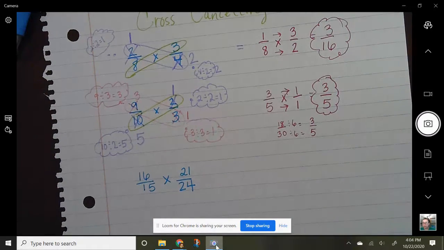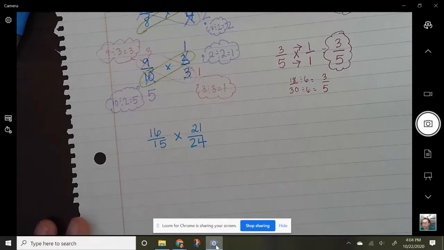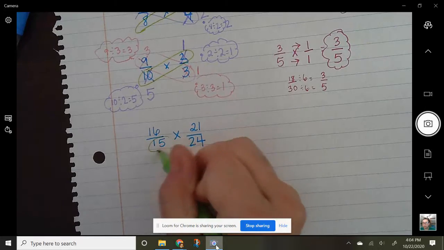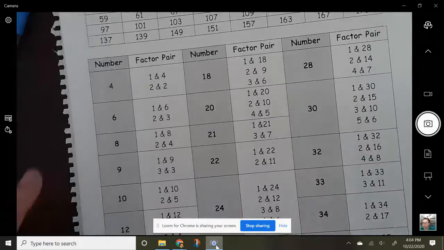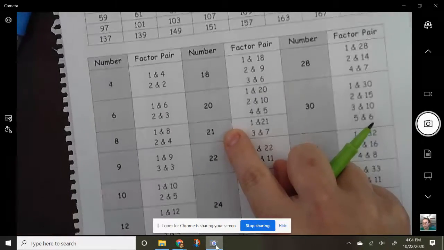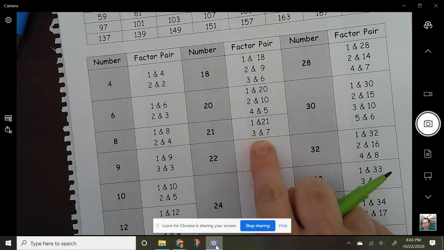Last one. And I picked this one because this one's a little harder. All right, this time I'm looking at 15 and 21. I know they both share a 1. They both share a 3.